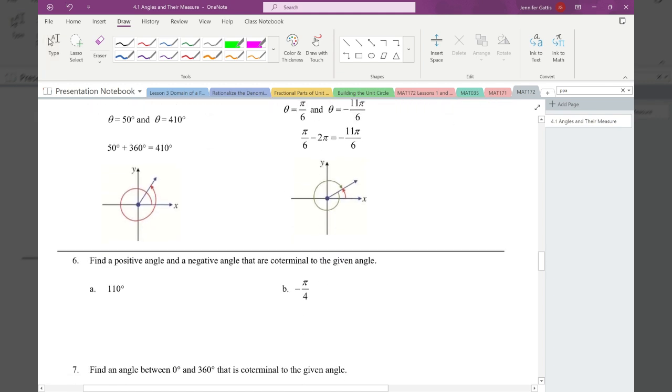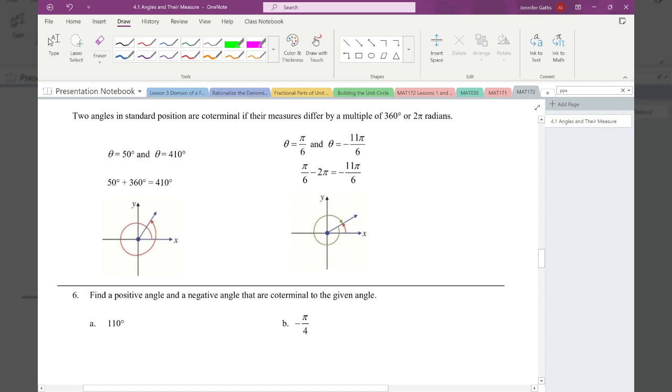So if we consider a positive and negative coterminal angle to the ones that are given, we are going to start with what we're given, and to the degrees, we are going to add 360 and also subtract 360.